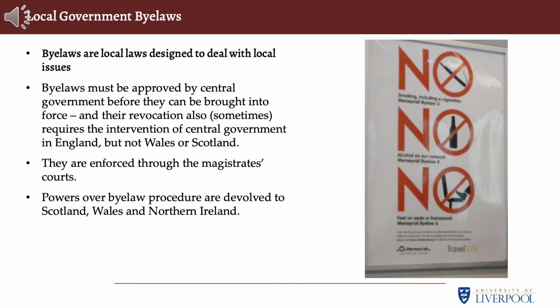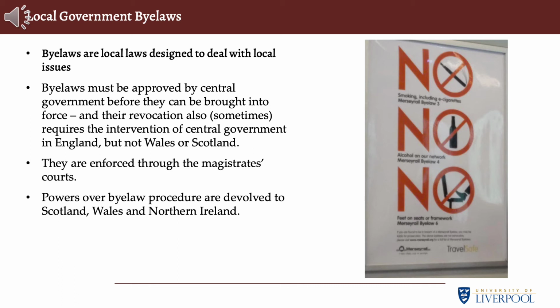They should directly address a genuine and specific local problem, and should not attempt to deal in general terms with national issues, right? So there's very limited scope, and they can't conflict with government policy. Very limited scope for what you can do with a bylaw, right? They're not really meant to be a wide-ranging power.